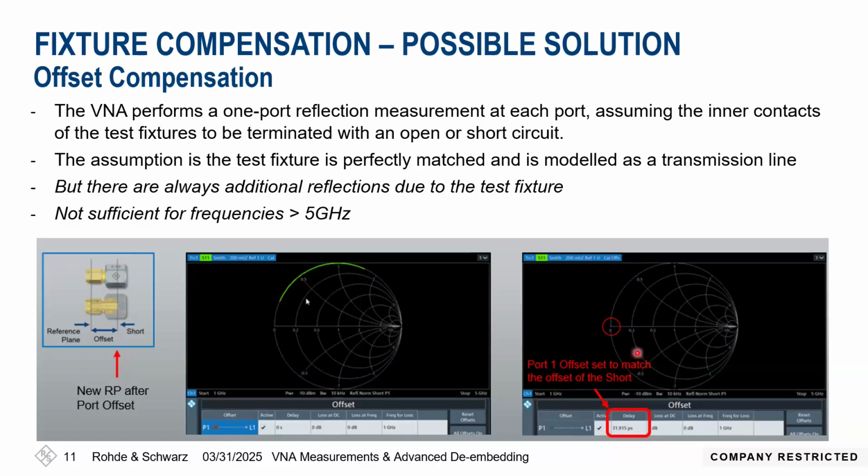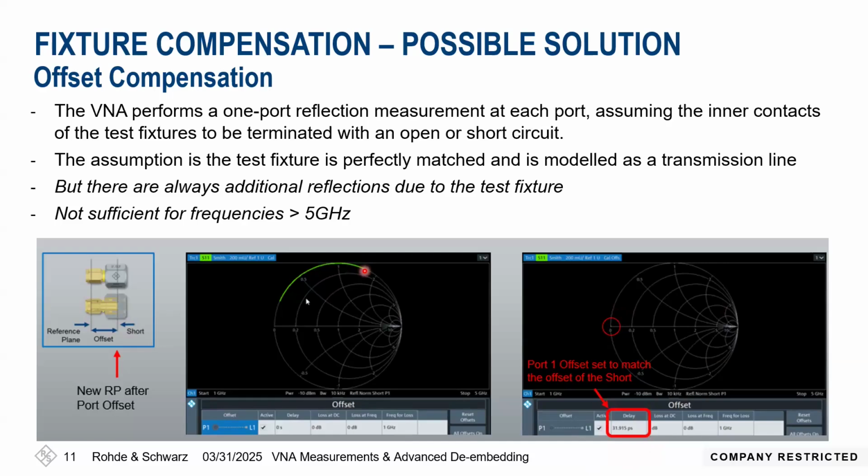With the press of a button on the VNA for the offset compensation, we can actually reduce or remove this effect of the offset. With the press of the button, the VNA itself calculates the delay. And here you can see it gives us a nice result of the perfect short instead of having the arc on the Smith chart.